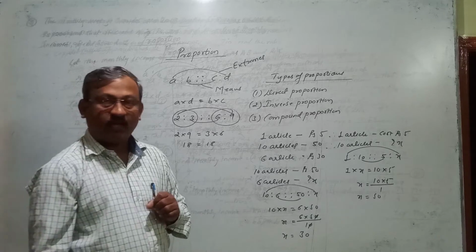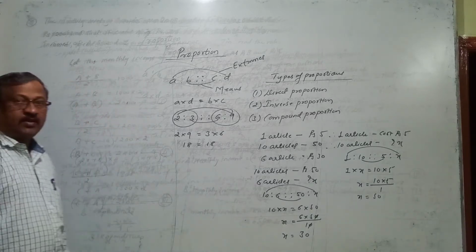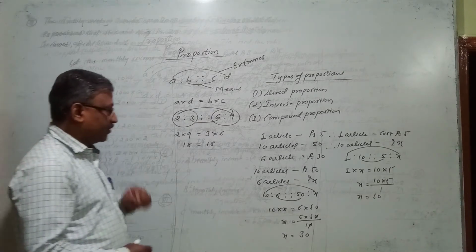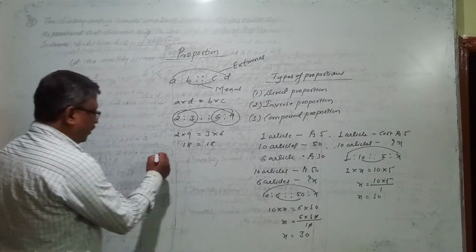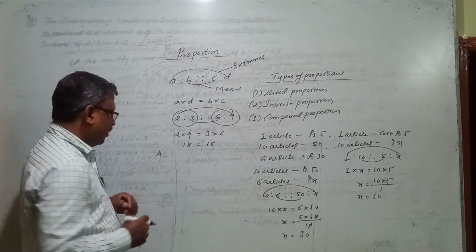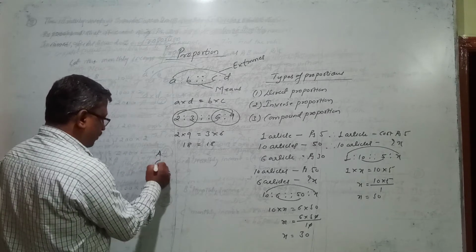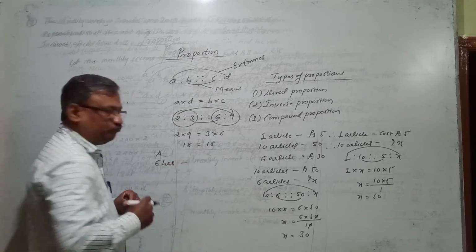To clear the meaning, again you can have an example. Suppose there is a person A, and suppose they have given the capacity of doing the work.